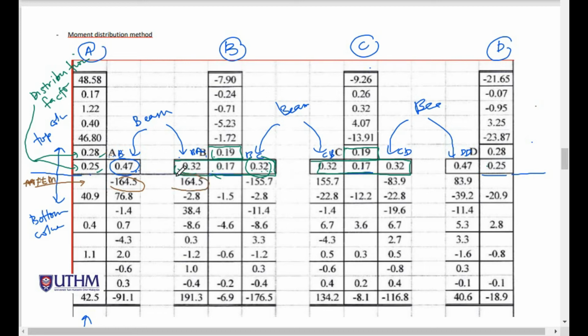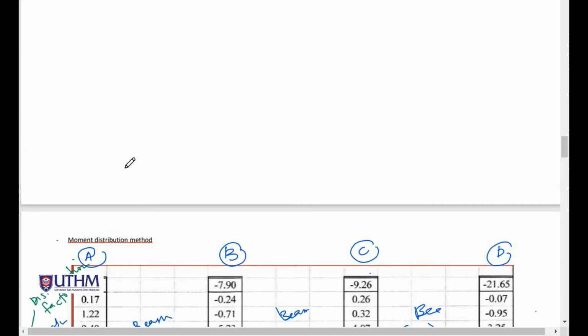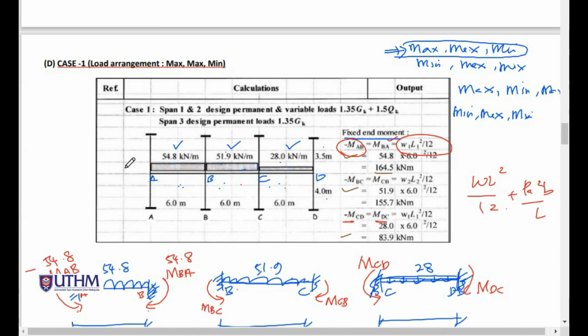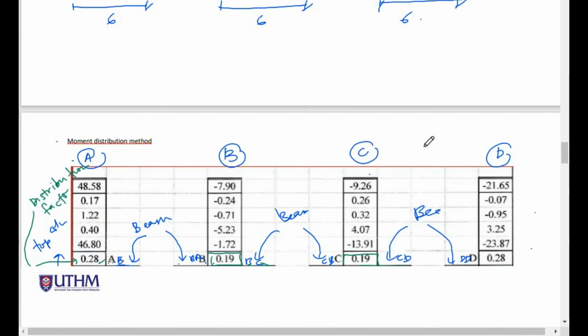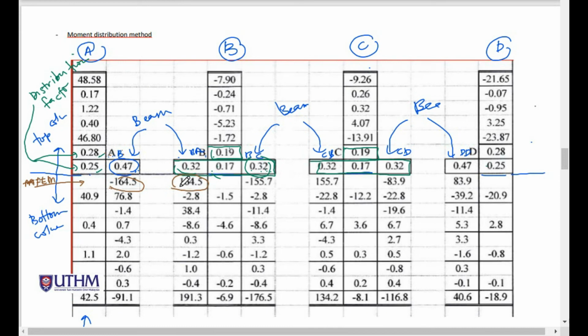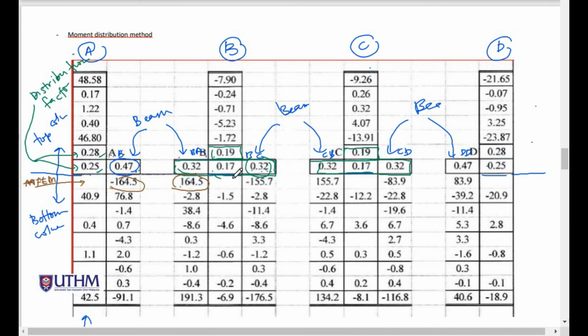FEM at AB is equal to negative. Please do not ignore the negative sign. Moment at AB is negative. Moment B to A is positive, 164.5. This is the column row.